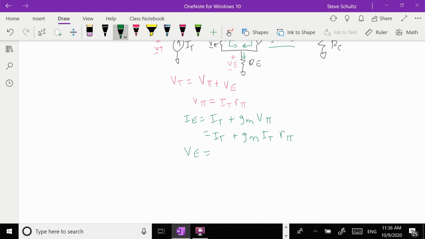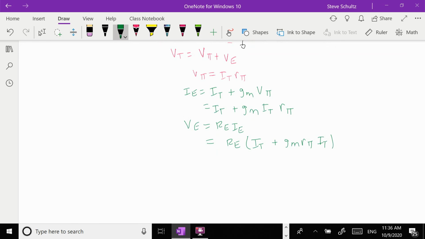So then we can calculate the VE. VE is going to be equal to RE times IE, which is equal to RE times IT plus gm R pi IT.